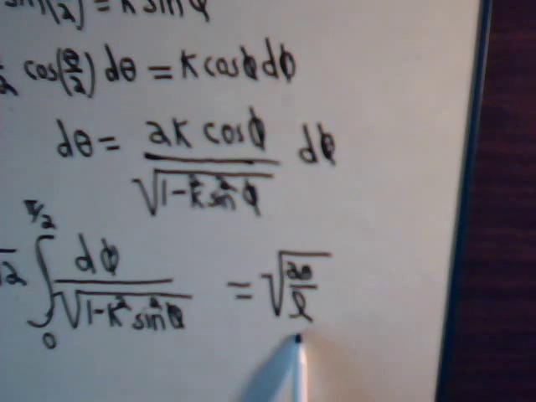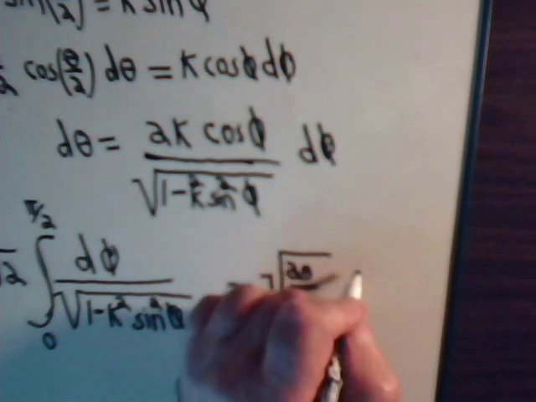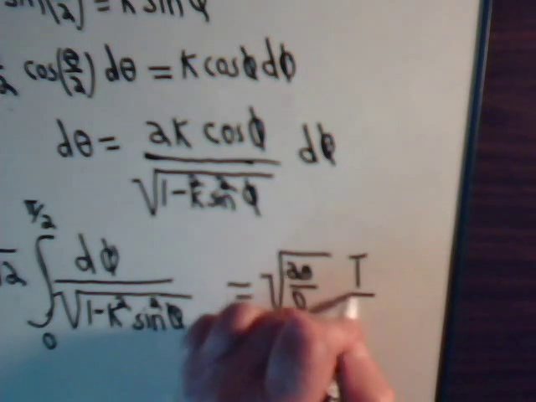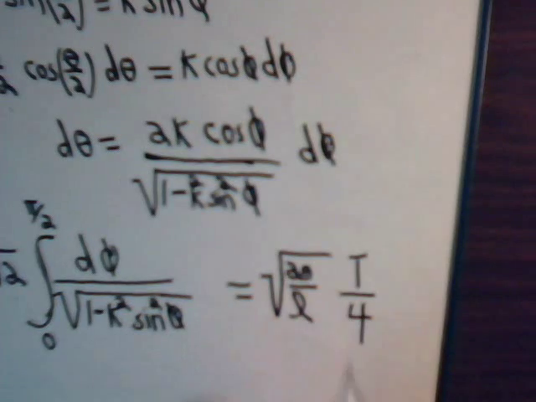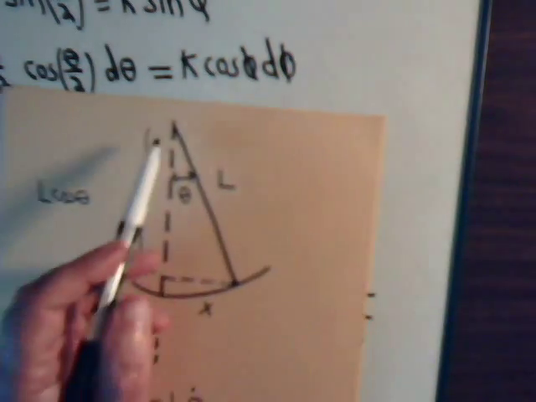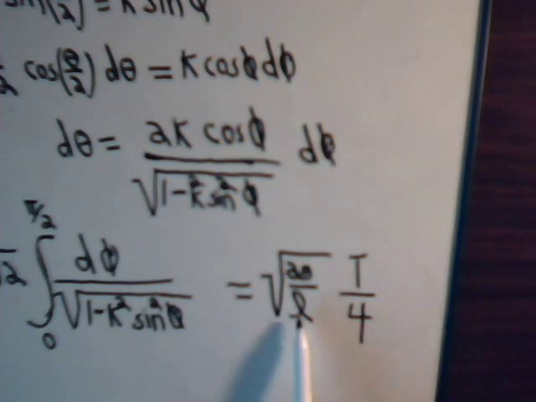Before we were writing this as a capital L, that's the length of the pendulum. We now have this expression. Originally, the length of the pendulum we called capital L along the way. We changed it to short L, but it means the same thing, the length of the pendulum.